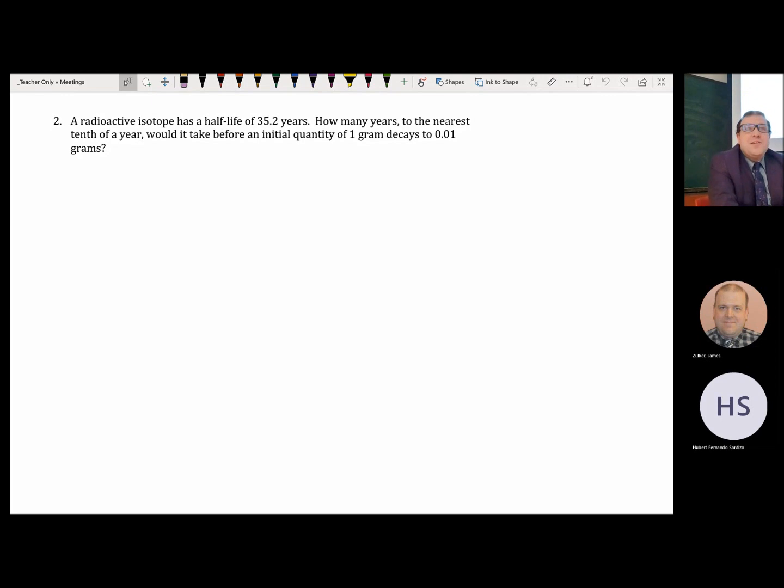This has another interesting consequence. Every 35.2 years for this isotope, half will decay. So let's just make it easy. Let's say it's 35 years. Means after 70 years, a quarter remains. 35 years, half decays.